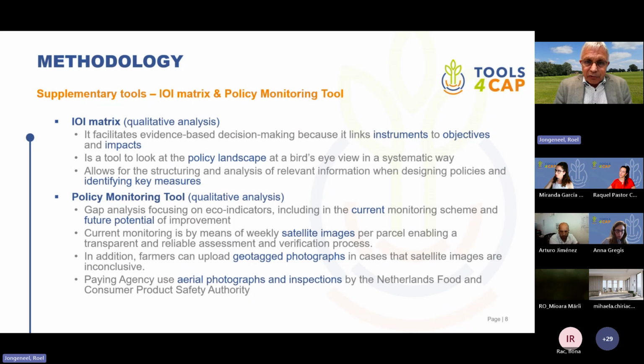The government was also considering a number of regulatory measures, and they would like to know about the impacts of that on income, which are often negative if you are constraining farmers, and they would also like to get more insight into which policy measures could mitigate the negative income impacts, and that was done with the IOI approach.